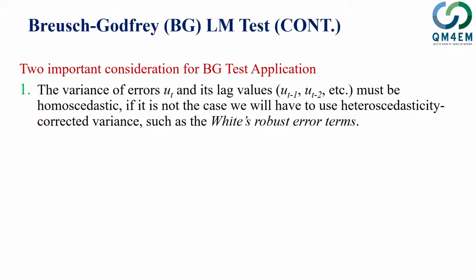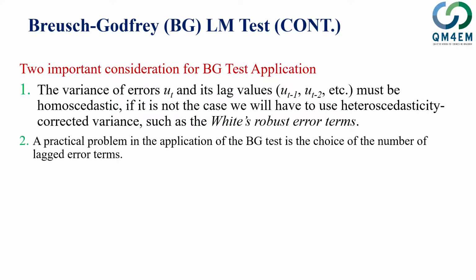The second issue with this method is a practical problem in applying the BG test, and that's the choice of the number of lagged error terms. BG test step 2 was that you regress the error term on all explanatory variables and then the lagged error terms.